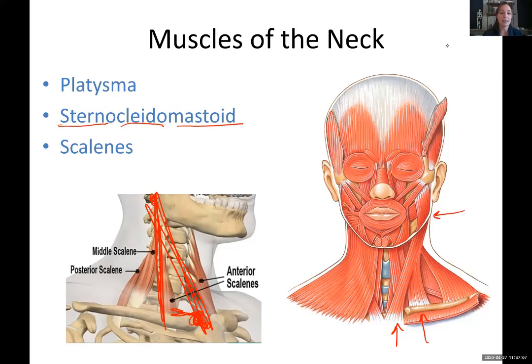And then scalenes, if you dig down even further, that's why I had to have this other picture, they're underneath the platysma and the sternocleidomastoid, and they're connected to the top part of the ribs. They're involved in taking a really deep breath, so it's attaching from within. So they're quite deep. So I'm going to do a quick stop share.